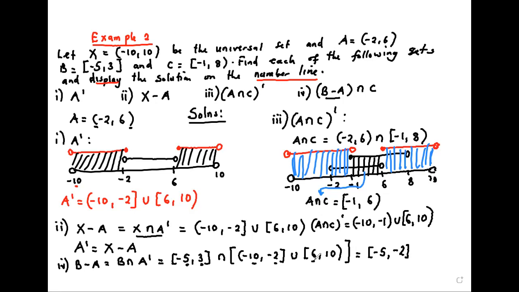Okay. So now this is our B minus A, which you want to intersect with C. So now we'll have B minus A intersection C, which is -5, -2, intersection C, that's -1 to 8.